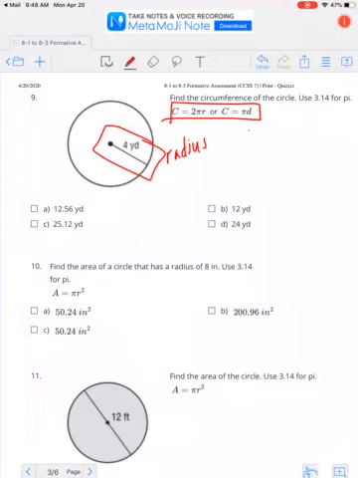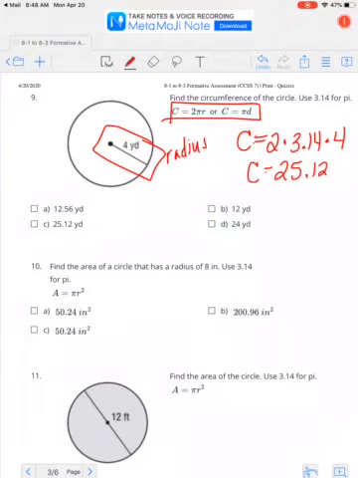So we would do C is equal to 2 times 3.14 times 4, because we had our radius. If you were to multiply that into your calculator, that would give us 25.12, and then remember it is just our units. So that would be yards. So that would be letter C.